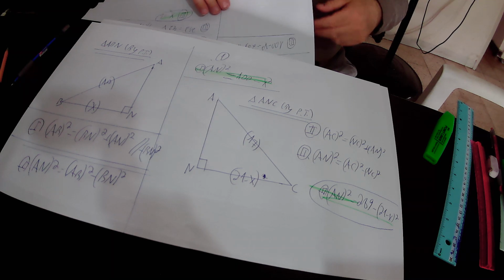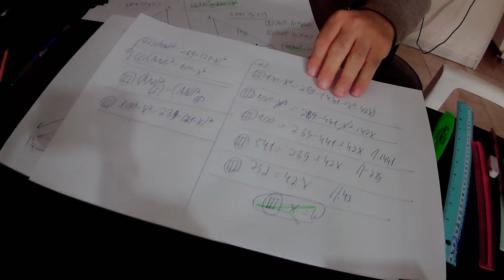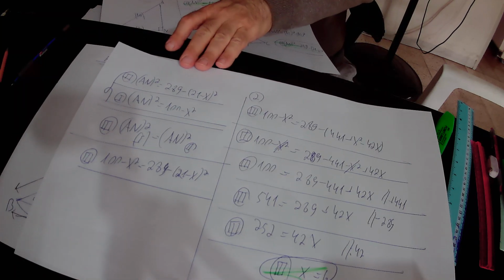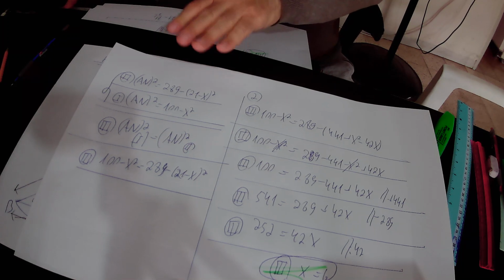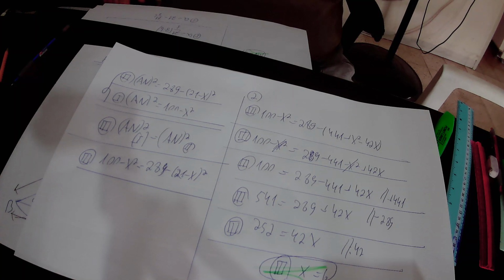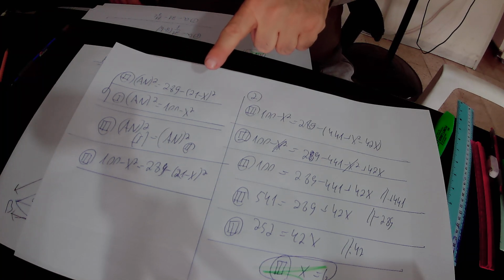So according to equation 2, AN square equals 289 minus (21 minus X) square, while according to equation 1, AN square equals 100 minus X square.